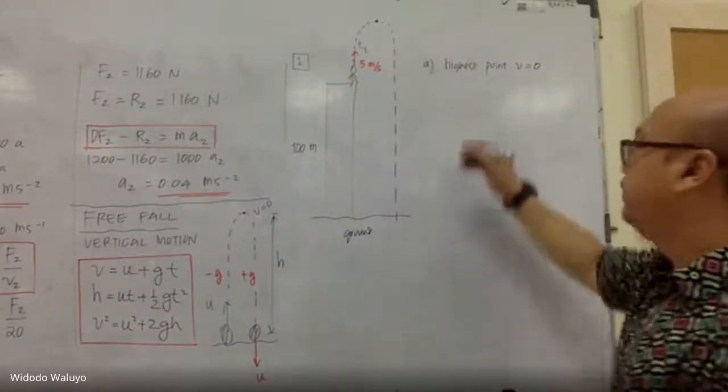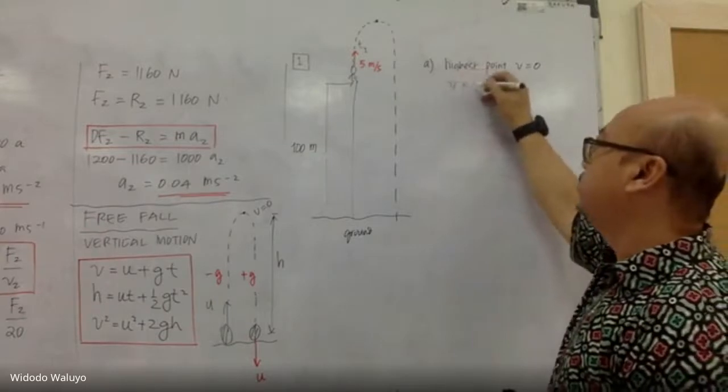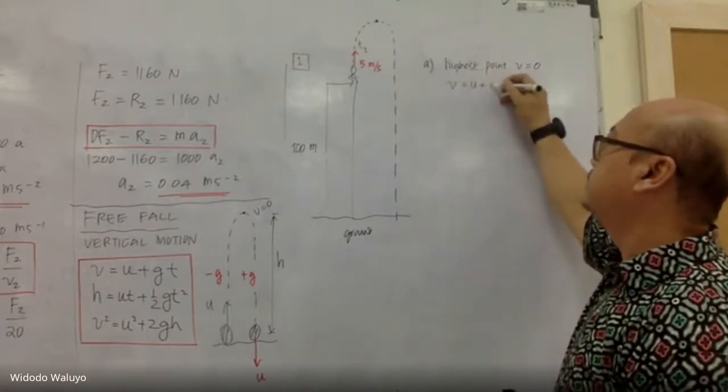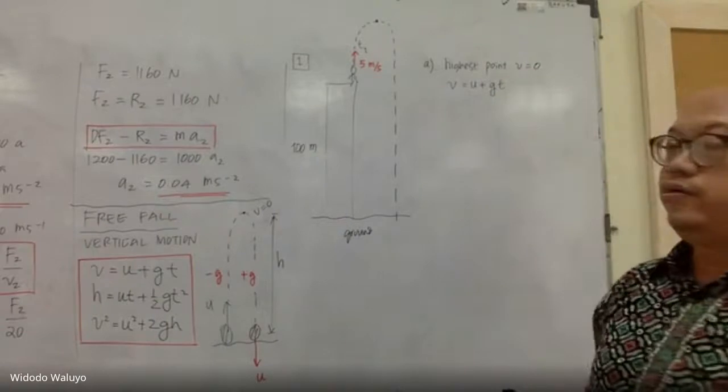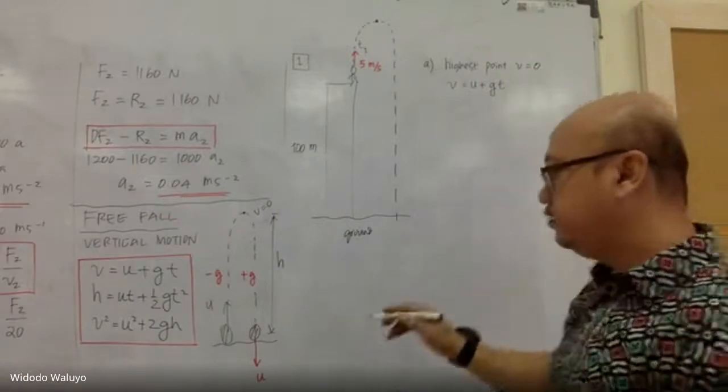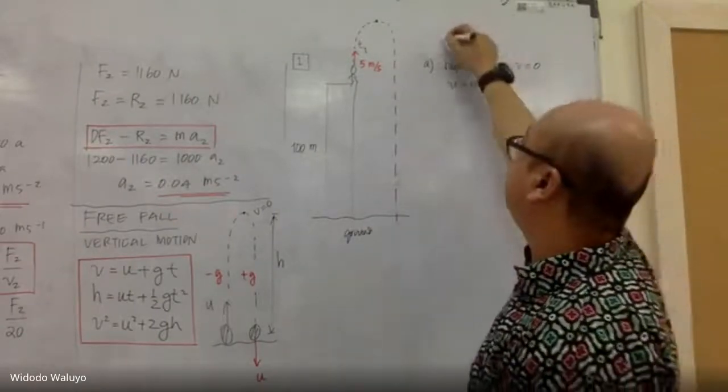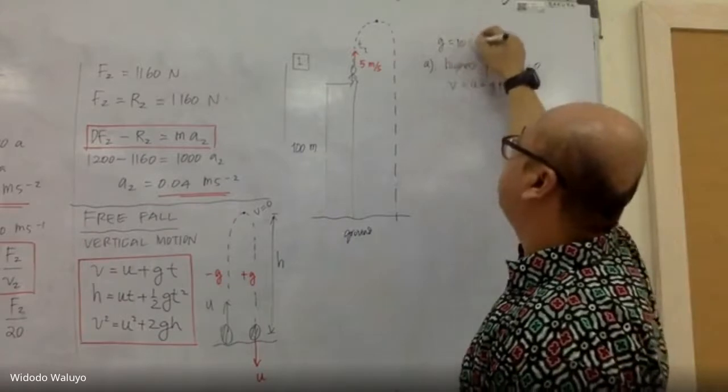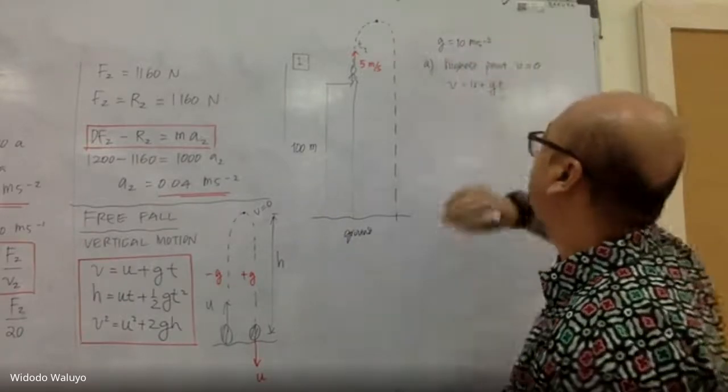So we use the formula v equals u plus gt. Let's say we use g as 10 meter second minus 2.